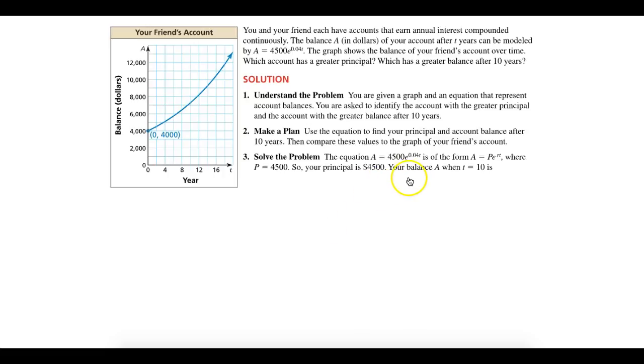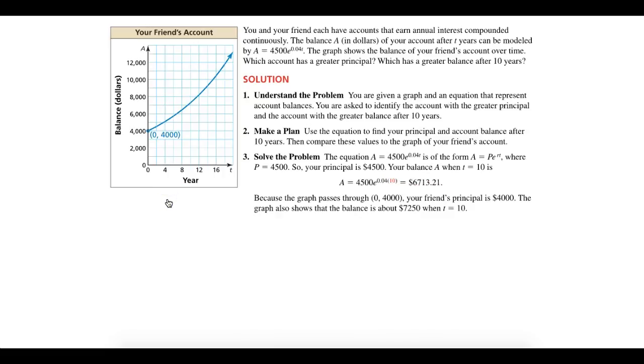To calculate our balance when t equals 10, we plug it in: 4,500 times e to the 0.4 times 10, so 4,500 times e to the 4th power. We end up getting 6,713.21. That's our exact balance when t equals 10.